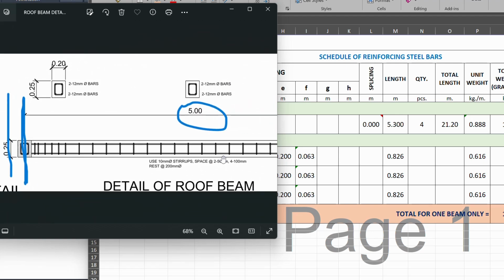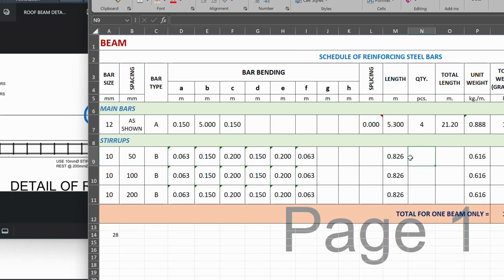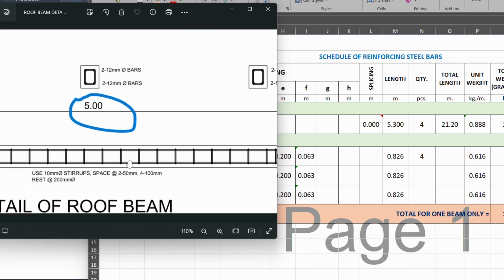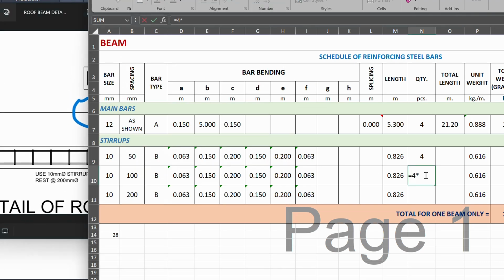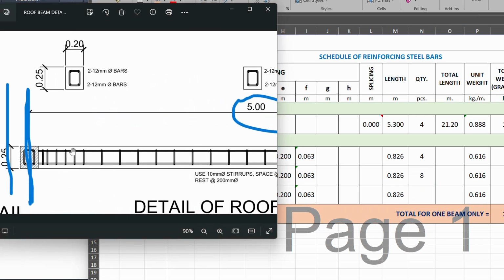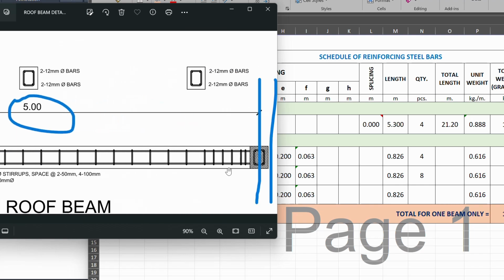How about this side, right? So this is 2 times 2. And then the 100 mm is 4. 4 times 2, only 4 times 2, because 4 here: 1, 2, 3, 4. And then 4 here as well.